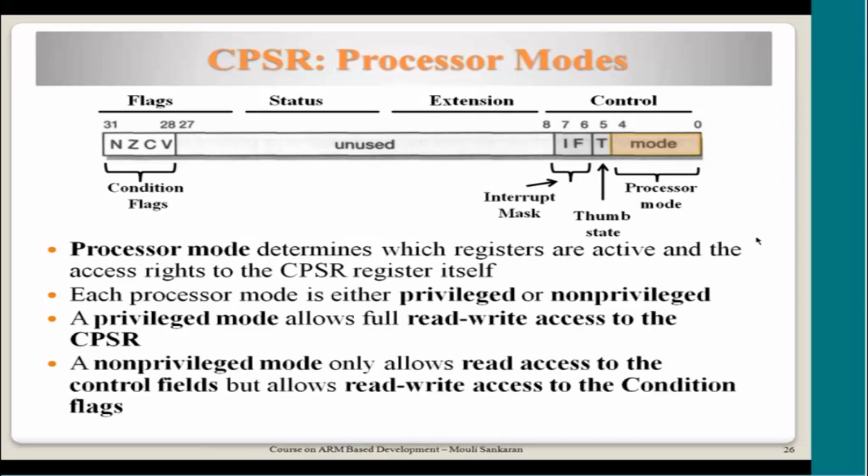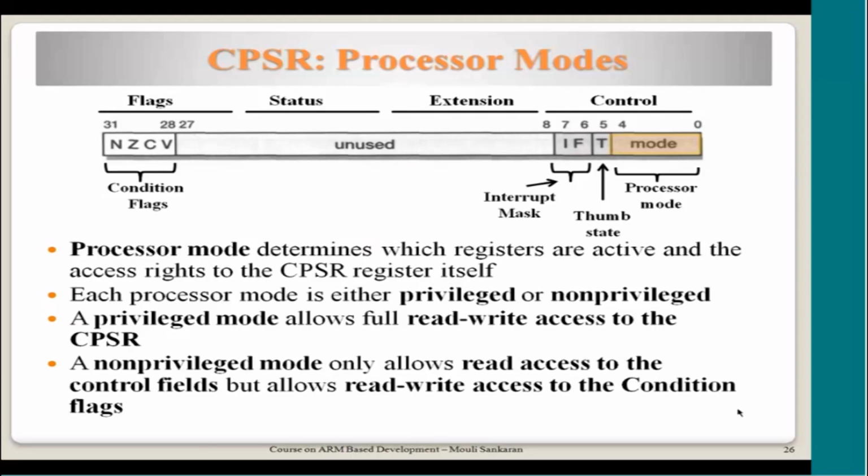Whereas in the non-privileged mode, the user has only read access to the control pins. It can know the current mode, whether the interrupts are masked or not, and what flags are set by the processor. But in the non-privileged mode, you cannot modify any of the bits in the CPSR.